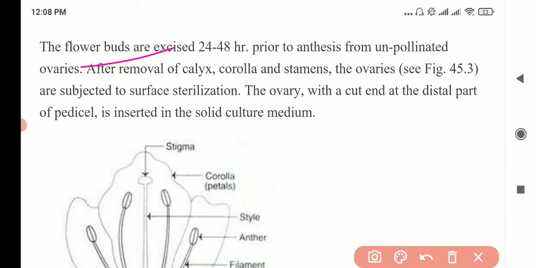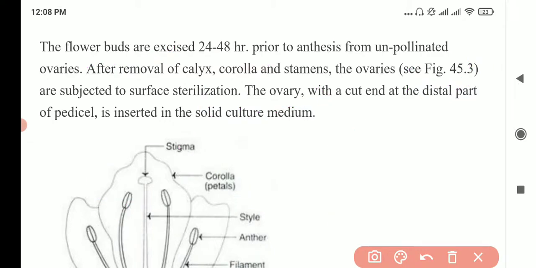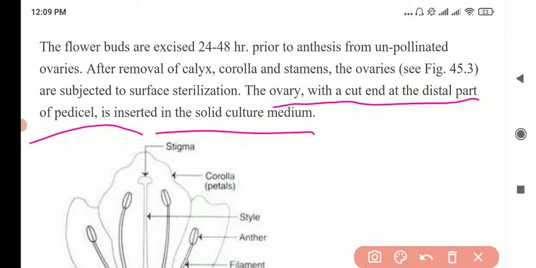the ovaries are subject to surface sterilization. So again we'll use sodium hypochlorite. Remember that it's like a salt, hypochlorite. So you surface sterilize it, then you cut the ovary at the distal part of the pedicel, and it is inserted in the solid medium.